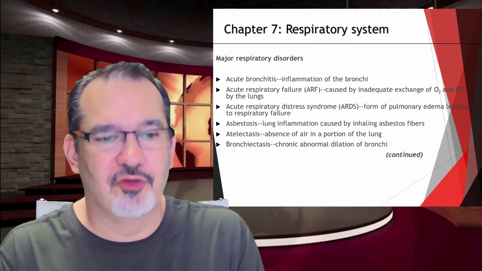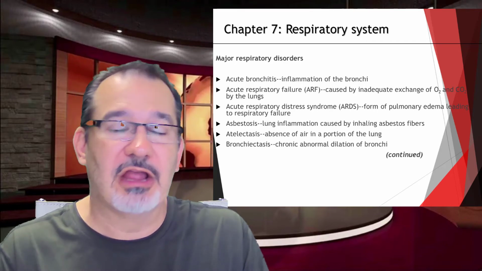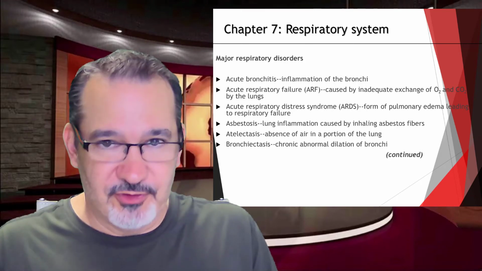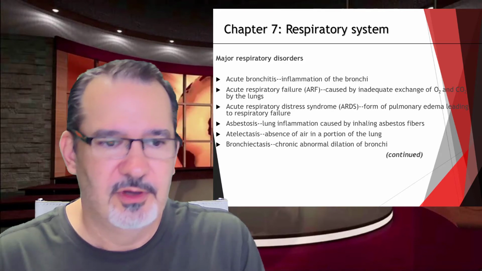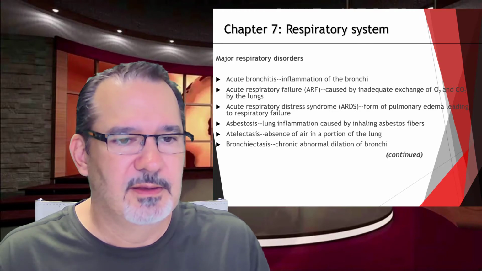Atelectasis, wonderful term, atelectasis. It says the absence of air in a portion of the lung. That atelectasis is a fancy term for a collapsed lung, and that could be a complete or a partial collapse. Okay, so atelectasis, that's a great term.